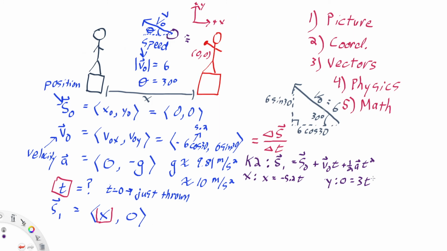And then we have plus 1/2 at squared. Acceleration in the y direction is just gravity. So g is about 10, and then we have the half out front. So that's going to be minus 5 t squared. Okay, so we've got equations written down in the x and the y direction.